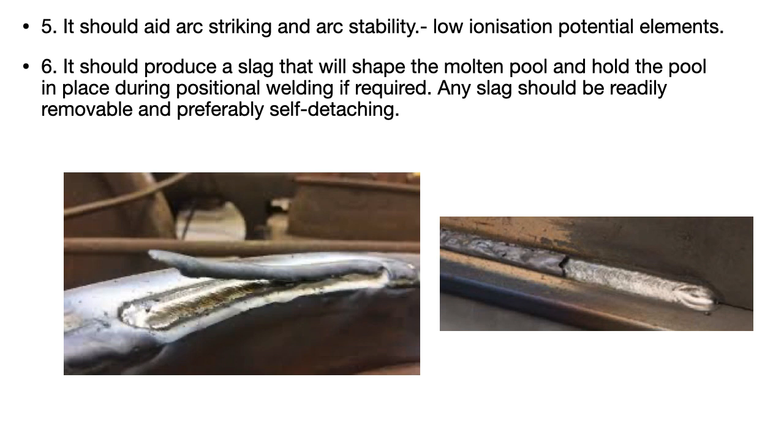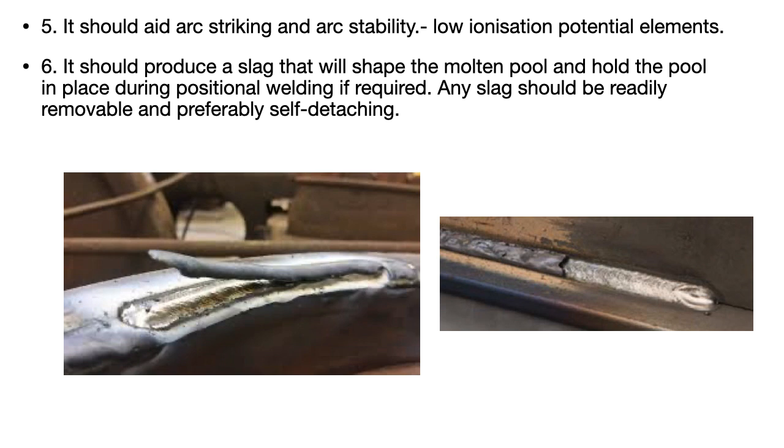Similarly, in the case of slag, the slag will solidify very quickly, whereas the molten pool will still be in a liquid or semi-solid state. So what is basically happening is that it will ensure that the shape of the weld produced is regular.